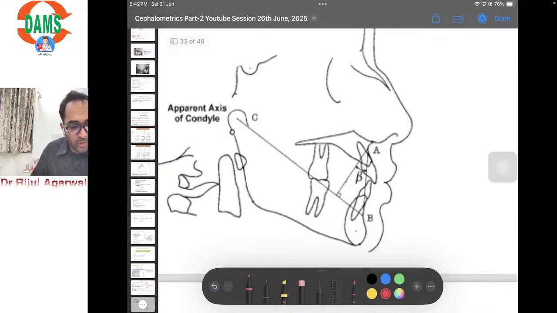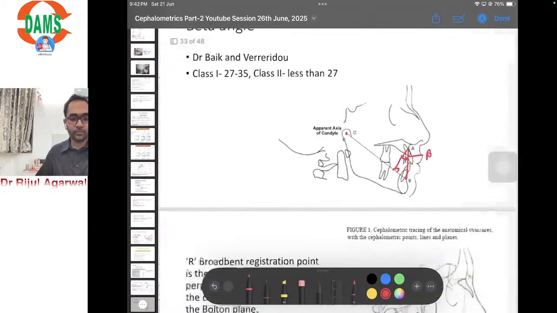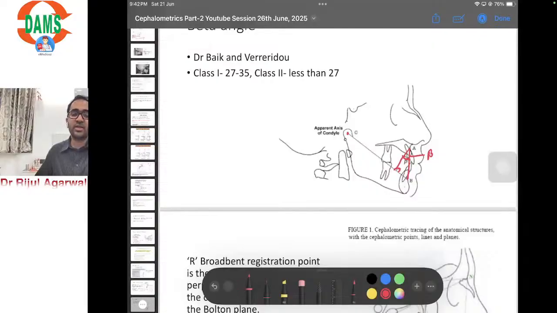So from condyle to point B a line is drawn, and point A to point B a line is drawn. So a perpendicular is dropped on this CB line, and the angle between them, this angle, is known as beta angle. For class 1, this angle should be between 27 to 35 degrees, for class 2 it is less than 27, and for class 3 it is more than 35 degrees.